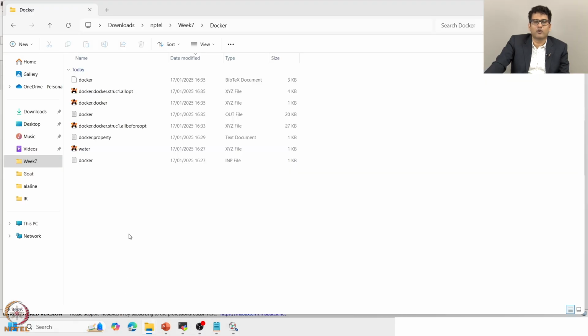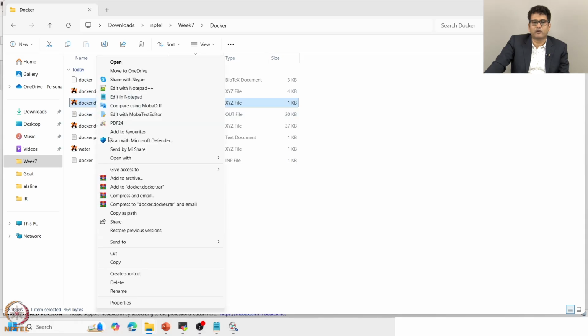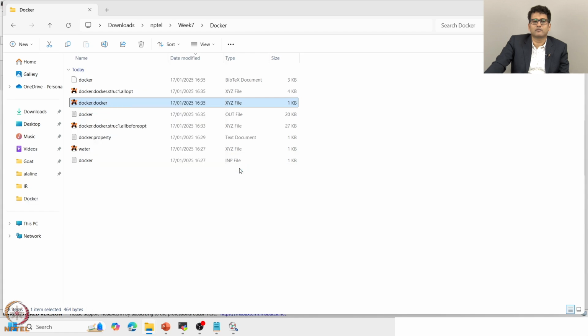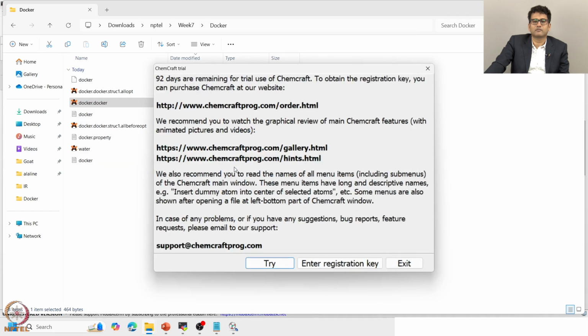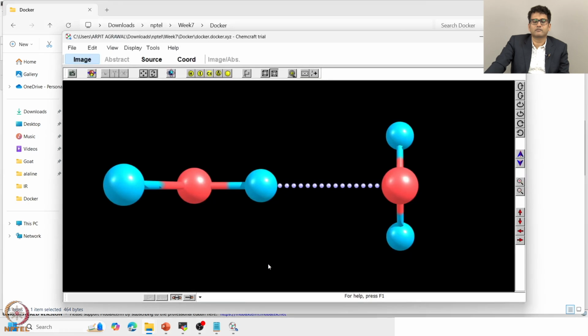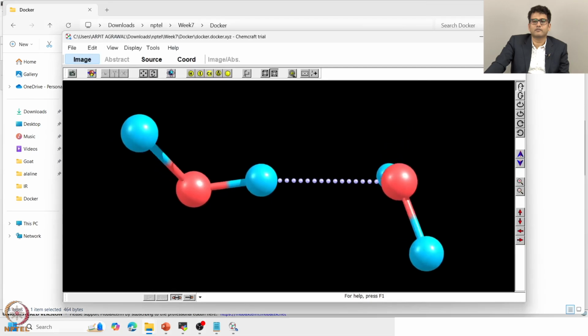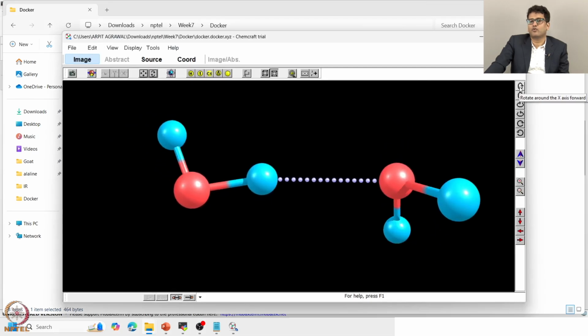So, if you go to the Docker example, this contains the lowest energy file. If I open it with Chemcraft, this is what the lowest energy conformer looks like.